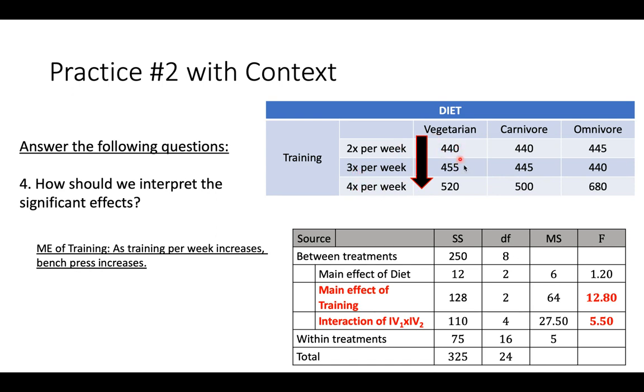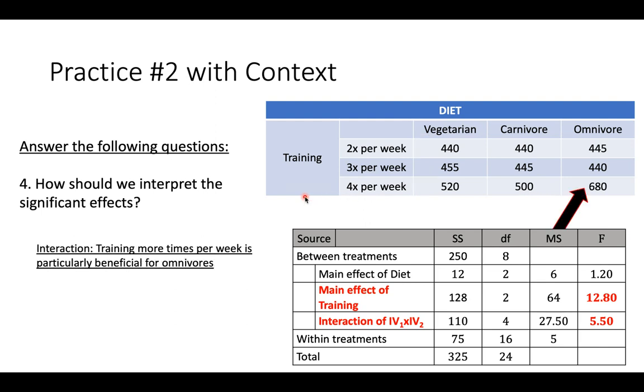It doesn't look like there's much of a difference between 2 and 3 times per week, right? 44 to 455, 440 to 445, 445 to 440. There's not much difference going on there. But then when we add this 4 times per week condition, we see these big gains in bench press weight. So what this tells us is that frequency of training matters. We knew that from the main effect, but it tells us that training more increases bench press capacity, specifically when you train 4 times per week.